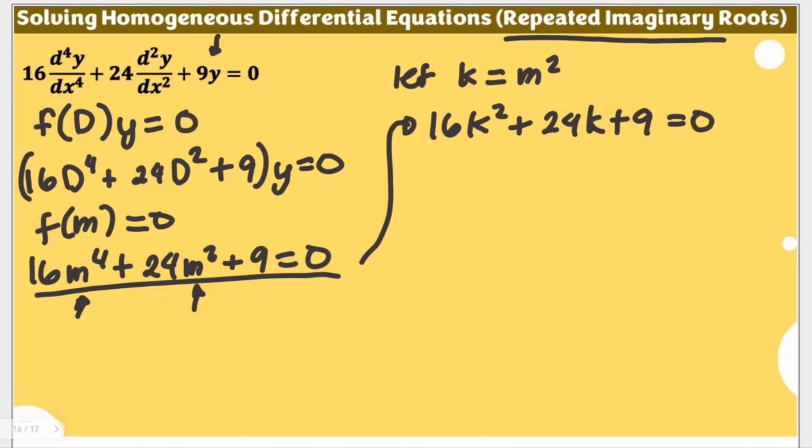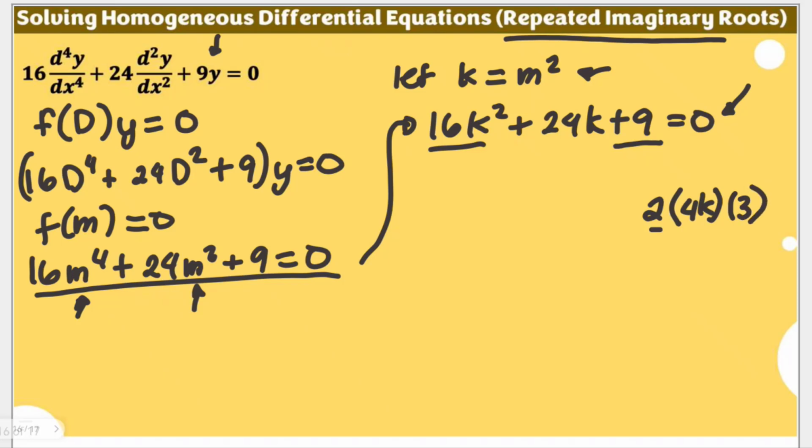So it's now easier to look at this because we now have a quadratic equation. But of course, let's not forget its equivalence here. We can see that this quadratic equation is a perfect square trinomial, and the middle term is twice the square root of the first term, 4k, times the square root of the third term.